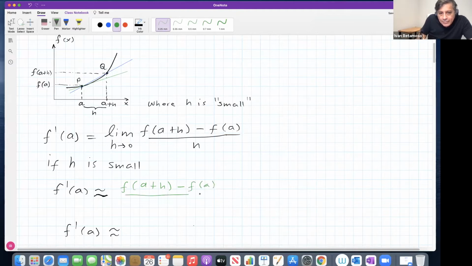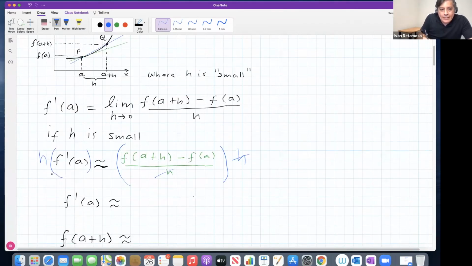And from there, if you work this approximation out by multiplying both sides of this equation by h, notice h cancels here, and I will have that h multiplied by the derivative is equal to this difference, f of a plus h minus f of a.